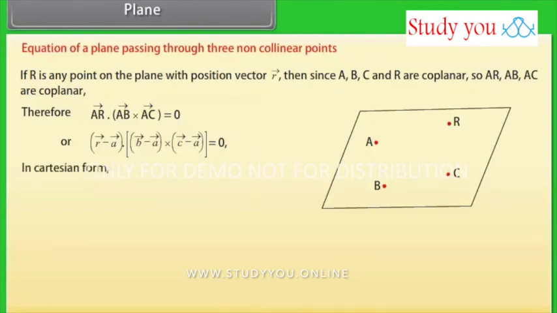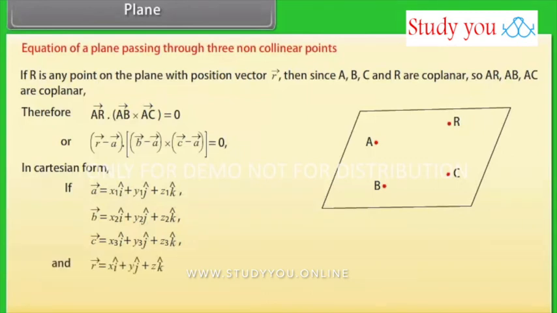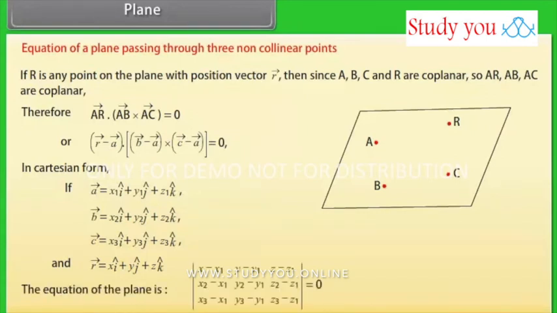In Cartesian form, if vector a equals x1 î plus y1 ĵ plus z1 k̂, vector b equals x2 î plus y2 ĵ plus z2 k̂, vector c equals x3 î plus y3 ĵ plus z3 k̂, and vector r equals x î plus y ĵ plus z k̂, the equation of the plane is determinant row-wise.